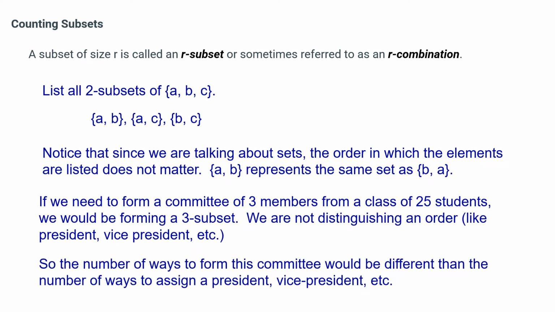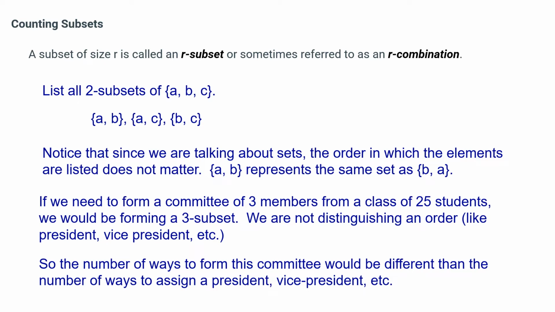Okay, and this is just a reminder here. Again, as I said, we're not distinguishing order, so therefore the number of ways to form the committee is not going to be the same as the number of ways to assign a president, vice president, and treasurer, right? Because I just want members of a committee, so I don't care. That's just a set of 3 people, and they're not ordered.